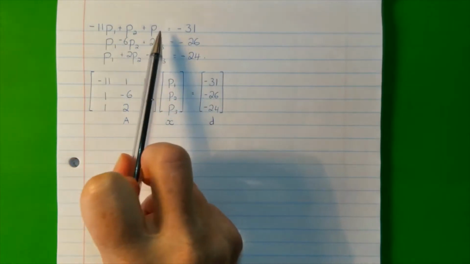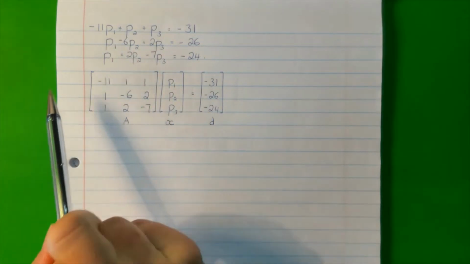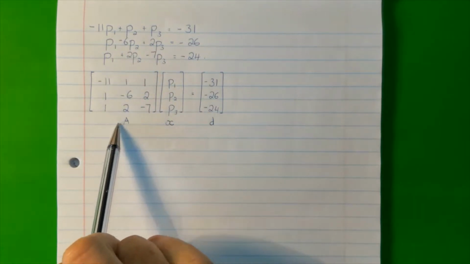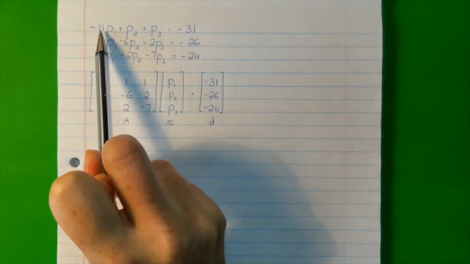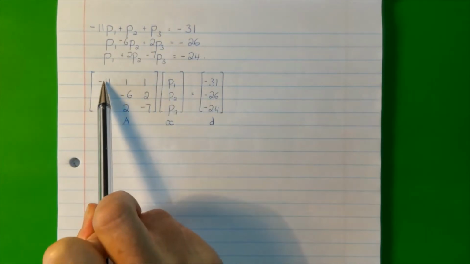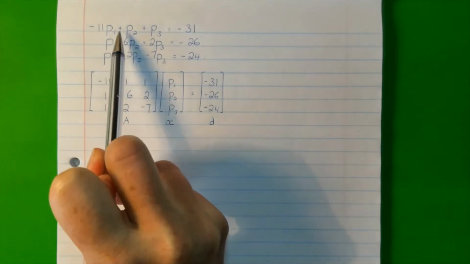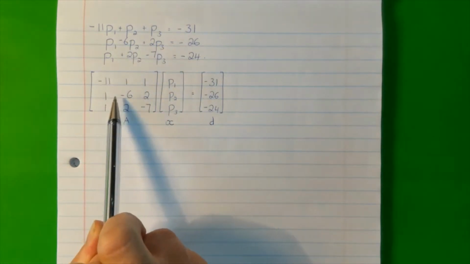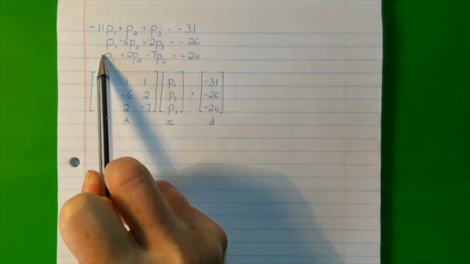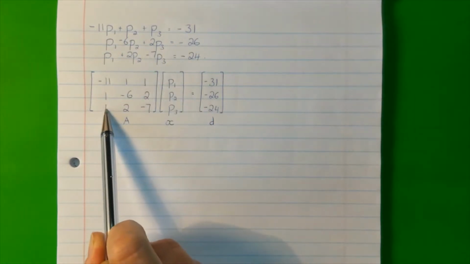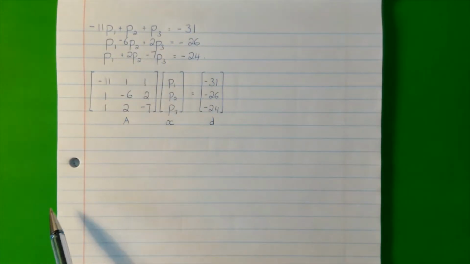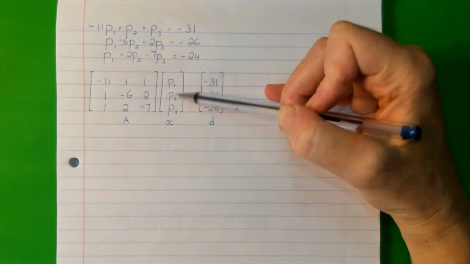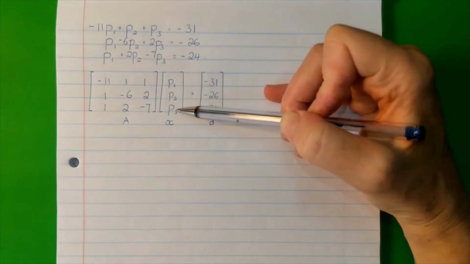So, looking at all our equations, we start with matrix A, and that will include all the coefficients: minus 11, 1, 1, 1, minus 6, 2, 1, minus 6, 2, 1, 2, minus 7, 1, 2, minus 7. X, as I said, is our column vector of solution values.